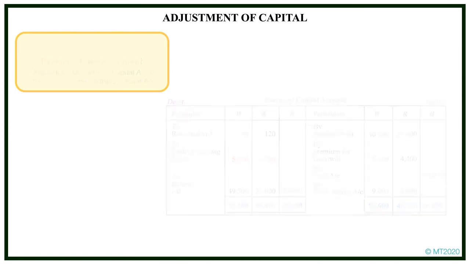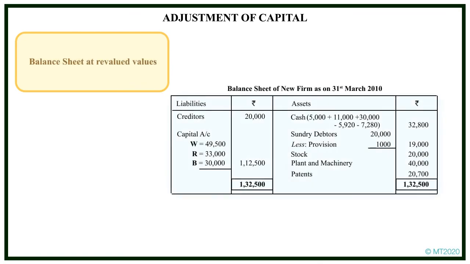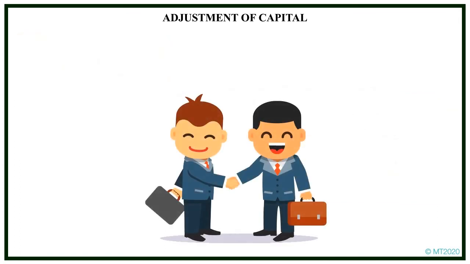And at last, we learned to show assets and liabilities in the new balance sheet at revalued values, which we have completed in the balance sheet. Thus, this question helped us to learn the various aspects and accounting treatments to be done in case of admission of a partner into the partnership business.